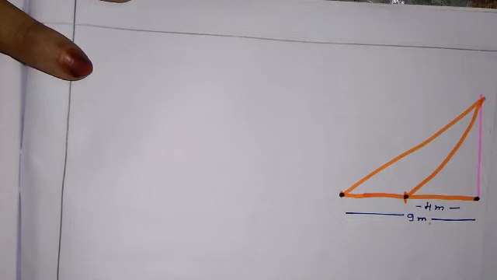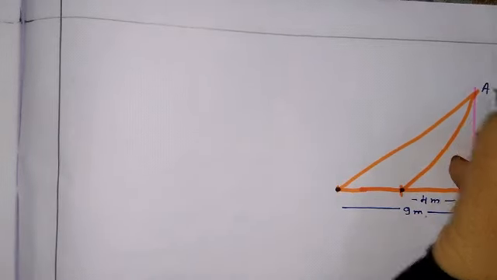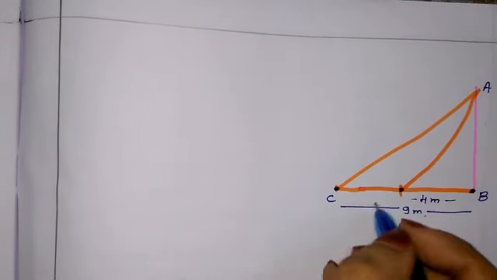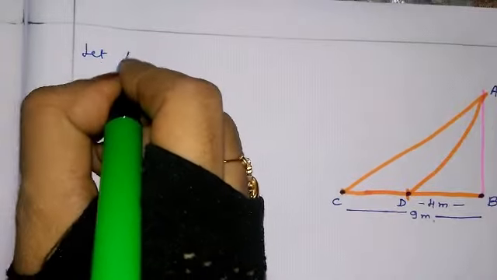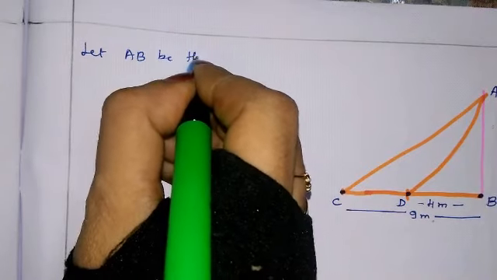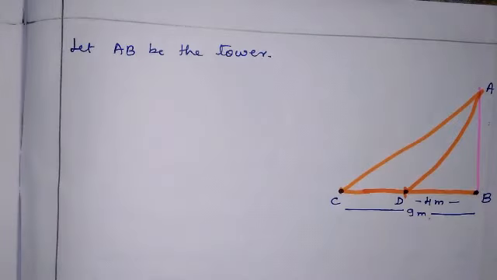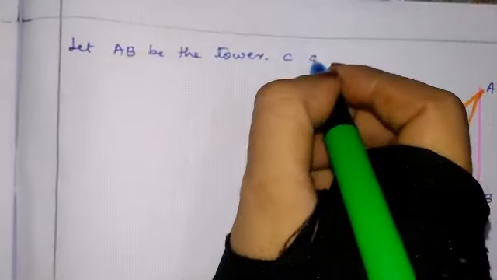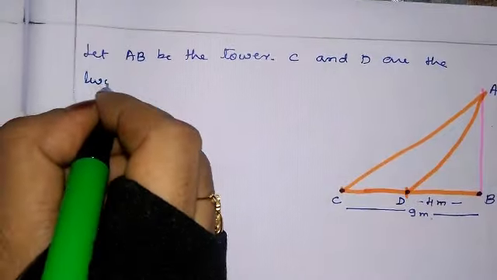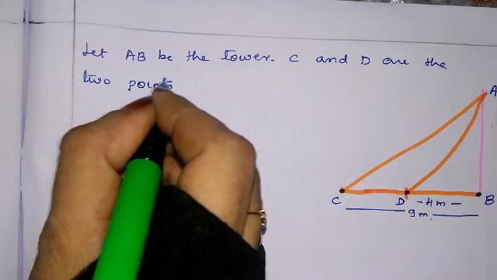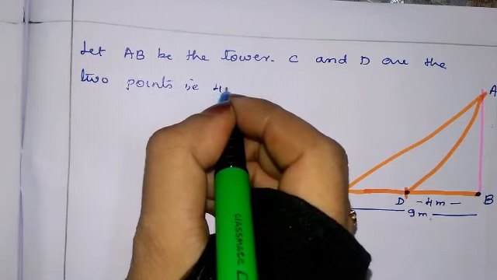So let me write the description. I'll give any name here. Let AB be the tower and C and D are the 2 points, that is 9 meter and 4 meter.